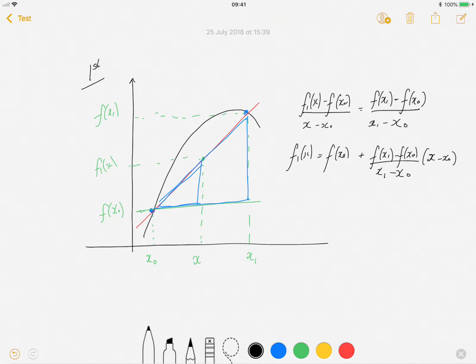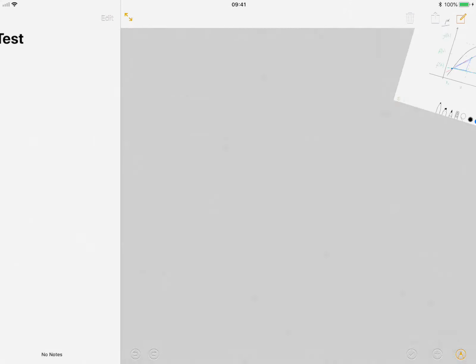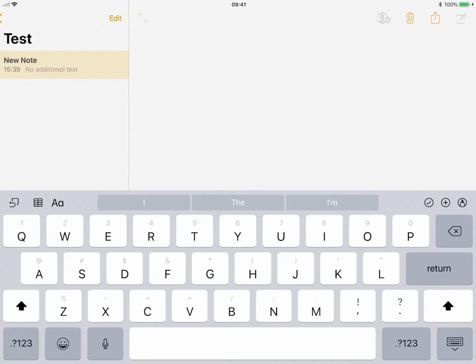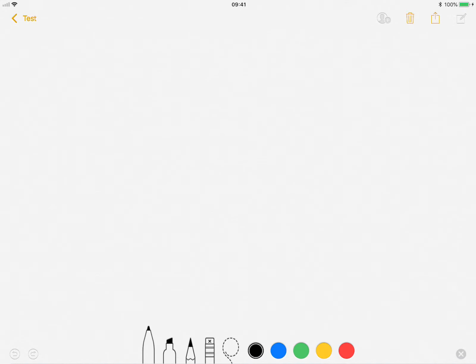Now obviously this is a linear interpolation, so the closer x0 and x1 are, the better our approximation is going to be. But there are often large errors associated with this because we're approximating, say, a curve with a straight line, and this is simply not going to do the trick. So let's look at the second order version of our equation.